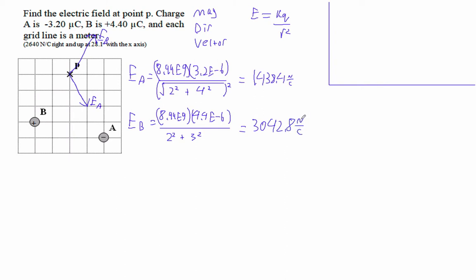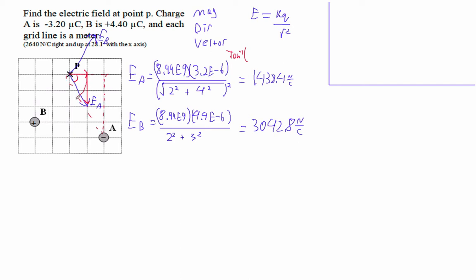Okay, now let's figure out some angles here. To figure out the angle, I feel like we should change the pen color. This is like a radical thing here. Okay, so let's figure that out in red. So the components of A are this way and this way, right? And this angle right there is the inverse tangent of 2 over 1, or 4 over 2, right? Okay, so the tan minus 1, because I'm really finding this angle here, right?